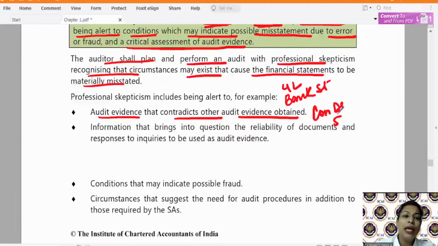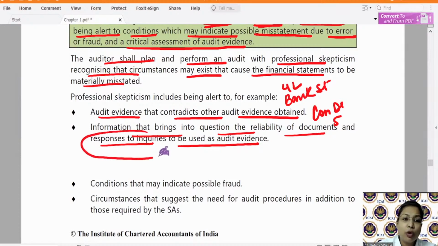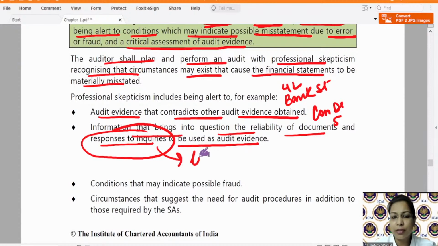Information that brings into question the reliability of documents and responses to inquiries to be used as audit evidence. For example, responses to inquiry. Inquiry is when you ask the management. For example, you ask the management to tell us whether, apart from these 5 litigations, there are any other litigation going against the company. The management responds that there is no other litigation.